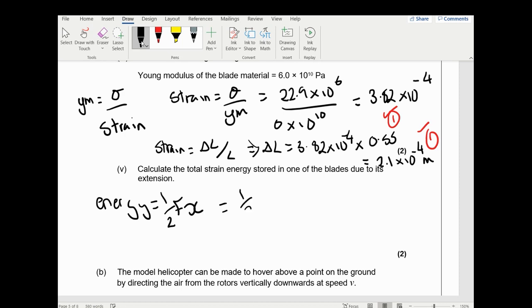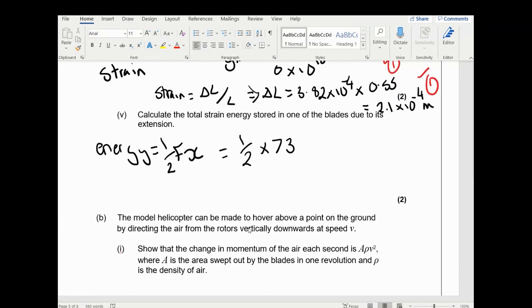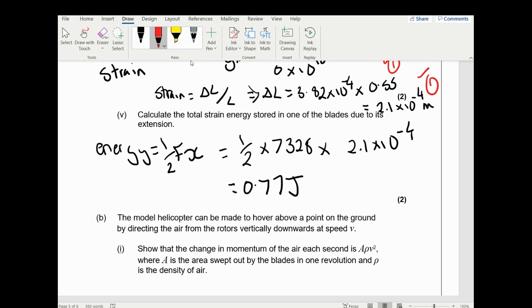So half times the force of 7,328 newtons times the extension of 2.1 times 10 to the minus 4, and I get an answer of 0.77 joules. Again, this is my rounding being carried forward. Again, a nice 2 marker using synoptic, going back with circular motion.